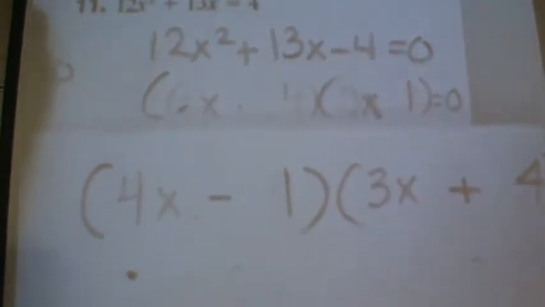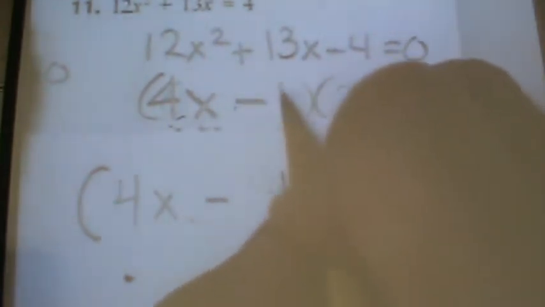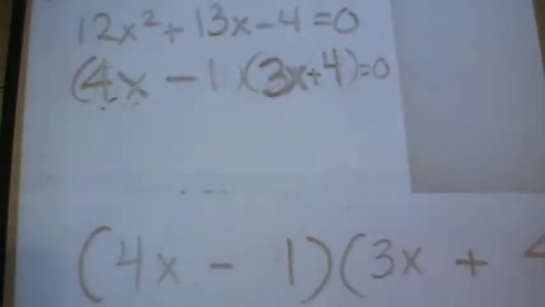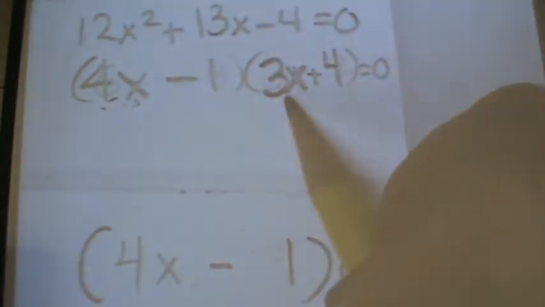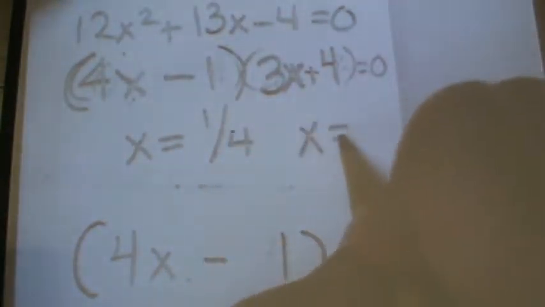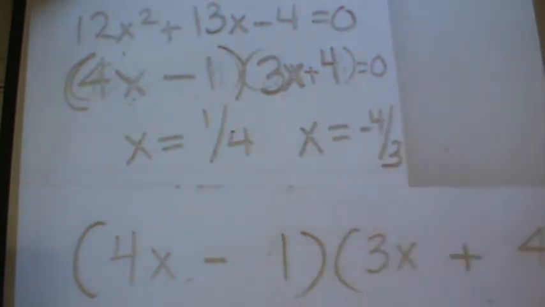So this one is going to be 4x minus 1 and 3x plus 4. Let's double check. 4x times 3x gives us our 12x. This is going to give us 16 minus 3 is 13. Good job. Now, what are my two solutions? 1/4 and -4/3.